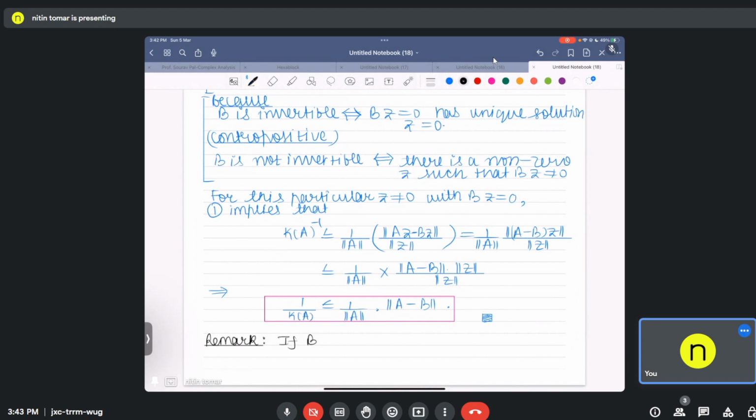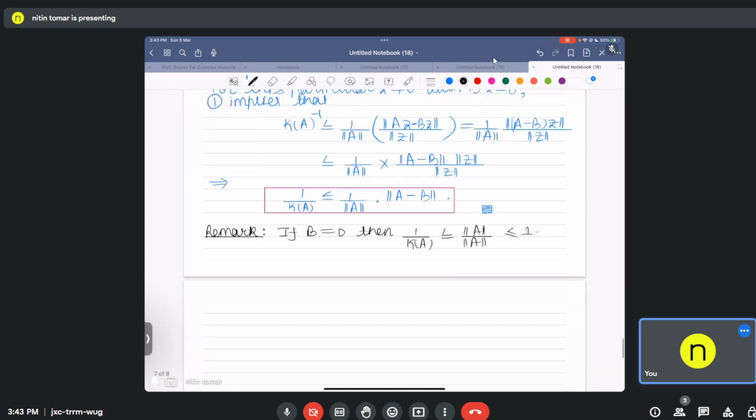So if B is the 0 matrix, then 1 upon kappa A will be, you just put 0 above, norm A upon norm A, and it will be less than or equal to 1. So that is that.